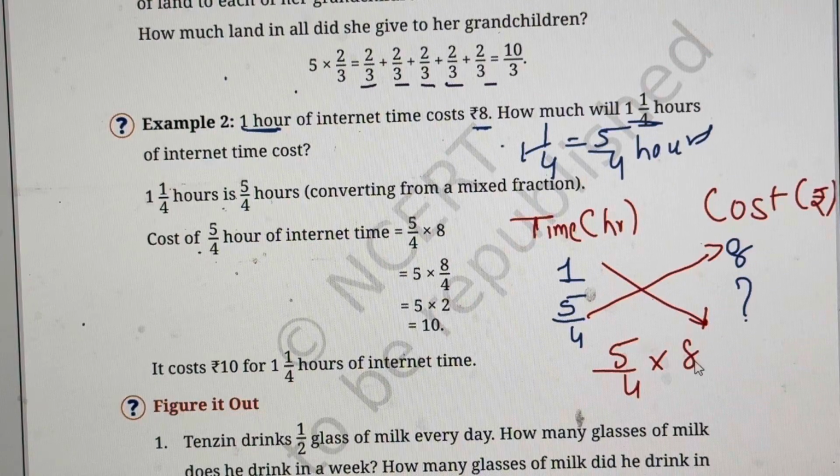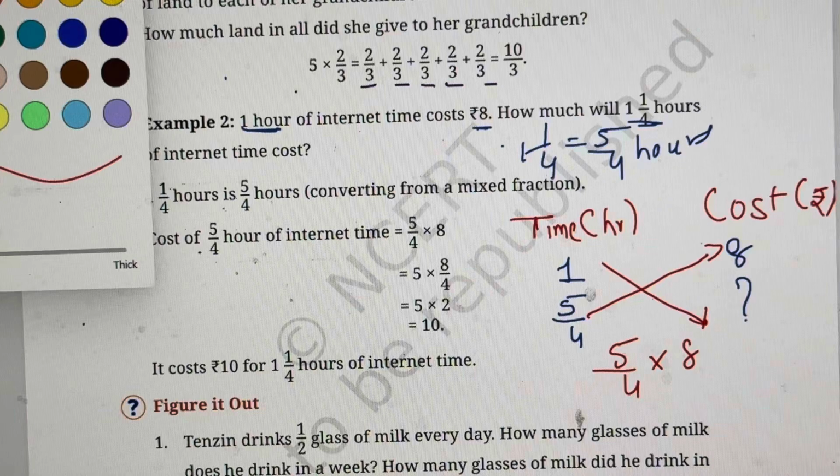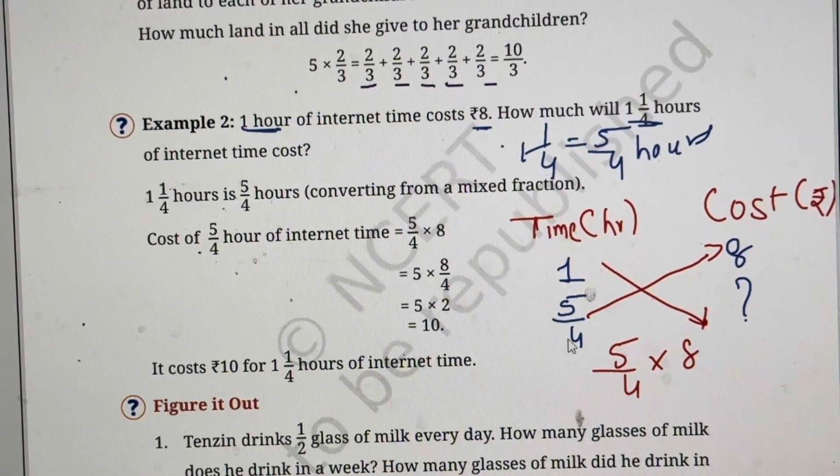Dividing by 1 will not make any difference, so we don't bother about that. So you understand that it is multiplication. Then you can simply multiply. Now what you can do here, you can cut these two numbers. The common factor is 4, so 4 ones are 4, 4 twos are 8, so 5 twos are 10. So it costs rupees 10 for 1 1/4 hour of internet time.